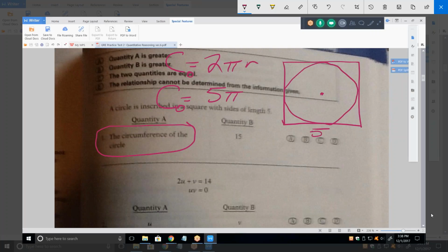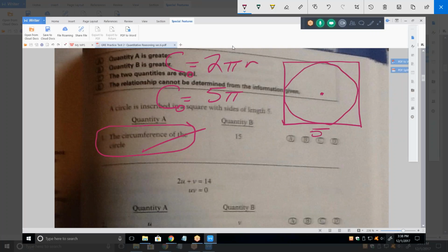Yes, but I don't know how to compare 5 pi to 15. Well, what's pi equal to? 3.14. Okay, so then the circumference is more. In other words, you don't really need a calculator. The moment you realize pi is greater than 3, problem's over.